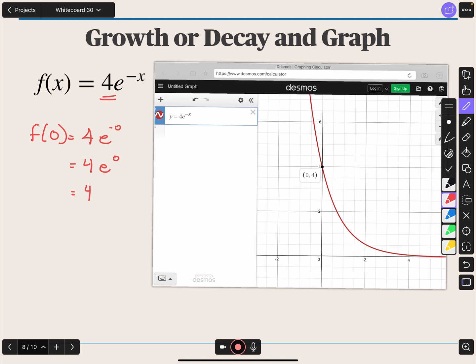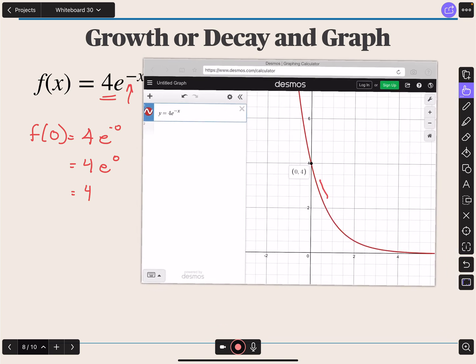So that's where that 0, 4 comes from. Again, I said it was decay, and I knew that because this value in front of the x was a negative 1. If we go to the right here, maybe we can find another decent point on the right. We'd go to +1. So there we go, 1 gave us about 1.4 at 1.